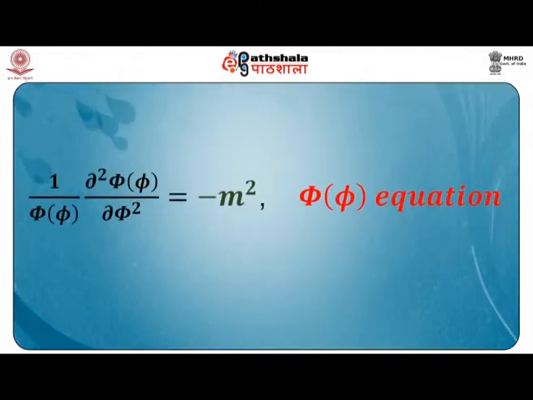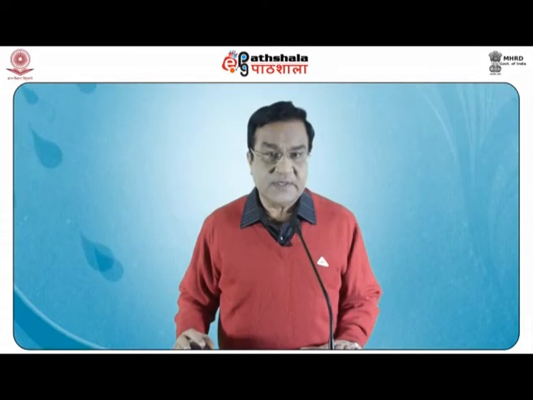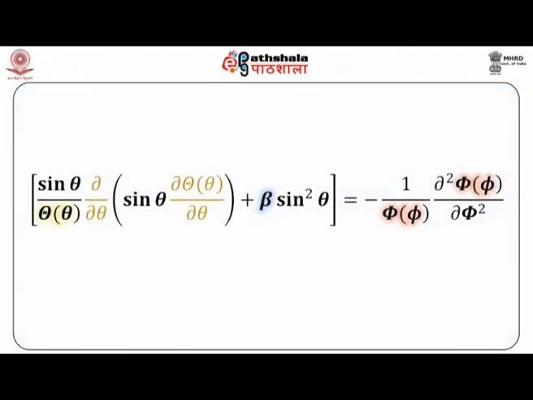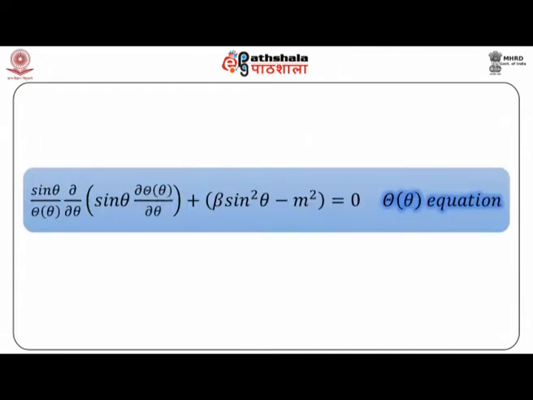Now we make a substitution: 1 upon Phi del 2 Phi upon del phi square is equal to minus m square. We call this the phi equation, and m is an integer, and if we make this substitution in the equation and further simplify, we get ultimately one more equation, as it is shown.